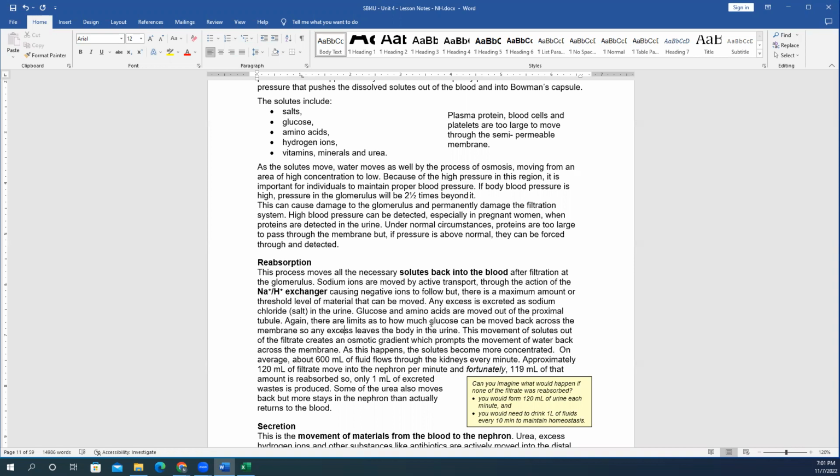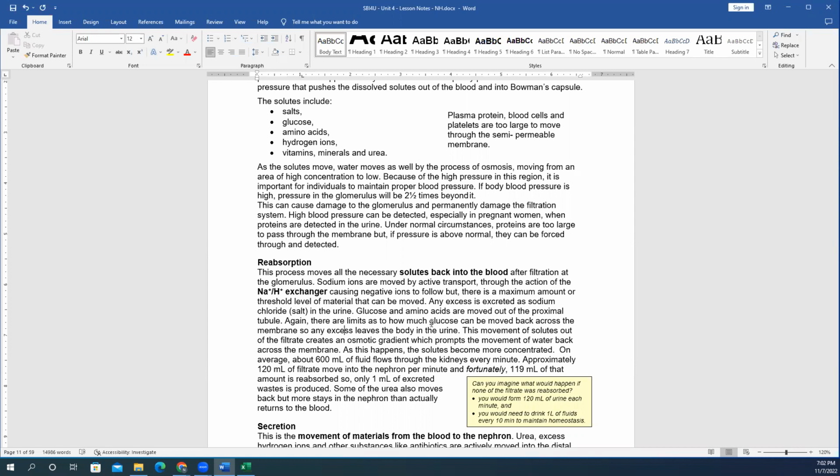And as this happens, those solutes will become even more concentrated. Somewhere in the area of about 600 milliliters of fluid flows through the kidneys every minute, and approximately 120 milliliters of the filtrate moves into the nephron every minute.